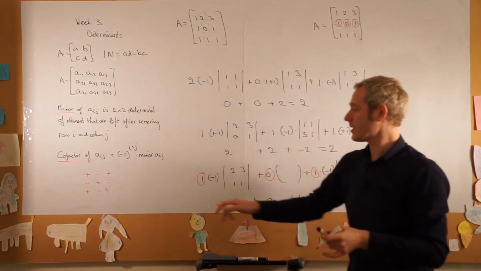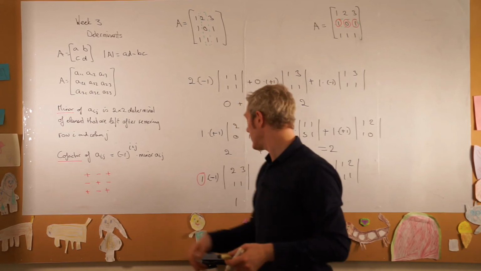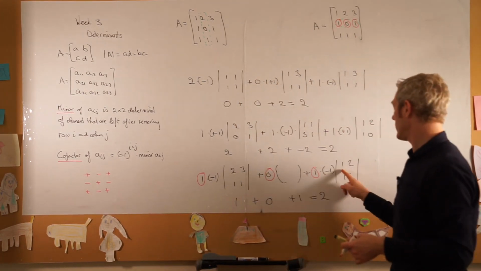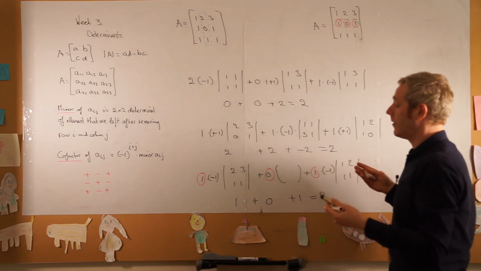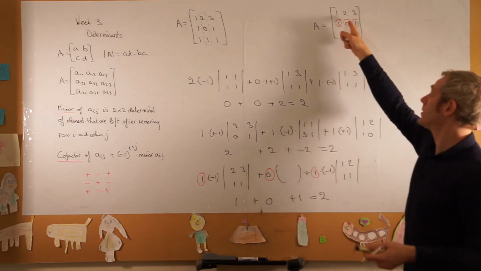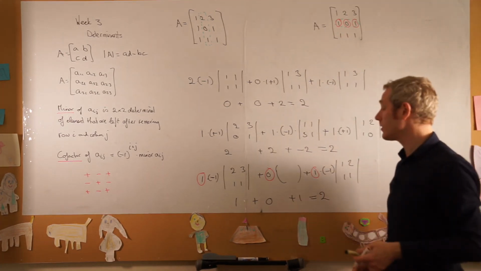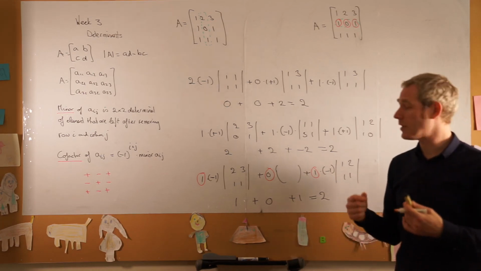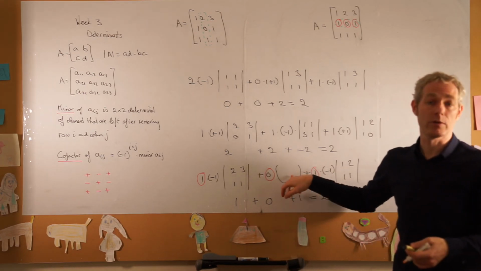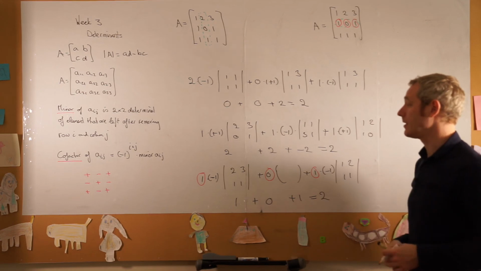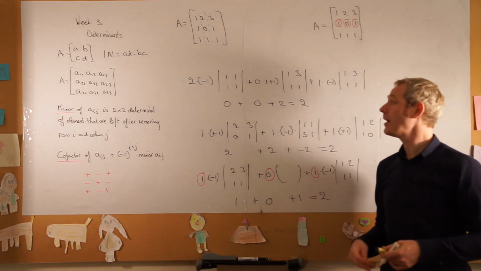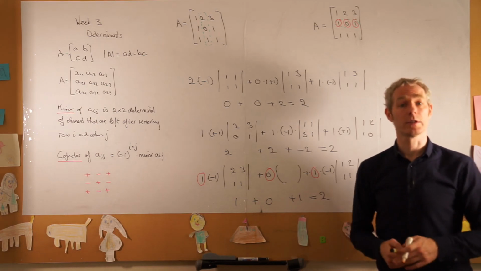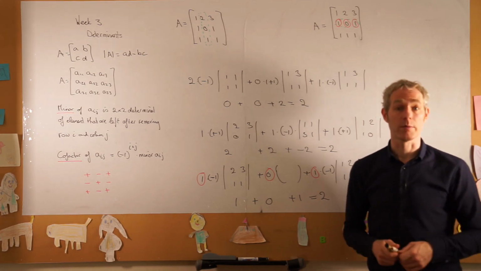We know where our signs are in this grid, and the minors we can calculate by removing rows and columns, and we can speed things up. If there is a 0 or maybe even 2 zeros in our matrix, we use that so that we don't have to calculate one of the determinants. It's just to speed things up a bit. So this is another example on how to calculate the determinant, and in the next video I'll show you what it's useful for when calculating properties of matrices.